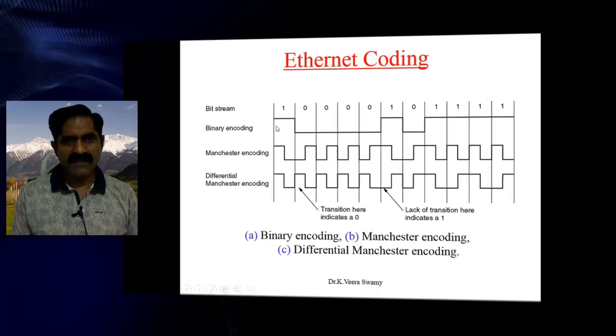Why? Because in binary encoding, high is the 1 representation and low is for 0, but here it is not that case. When comparing Manchester encoding and differential Manchester encoding, from the noise point of view, differential Manchester encoding gives better results. So this is the discussion on coding.